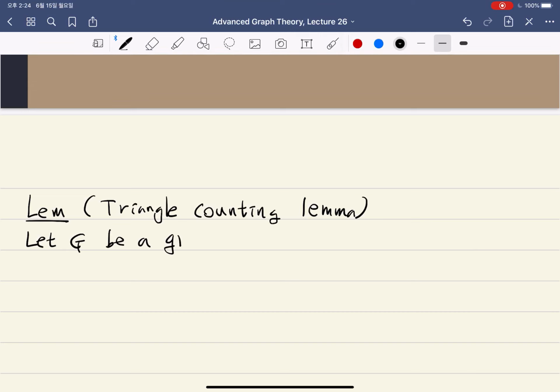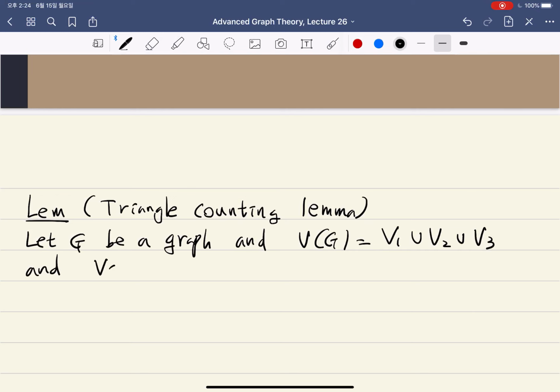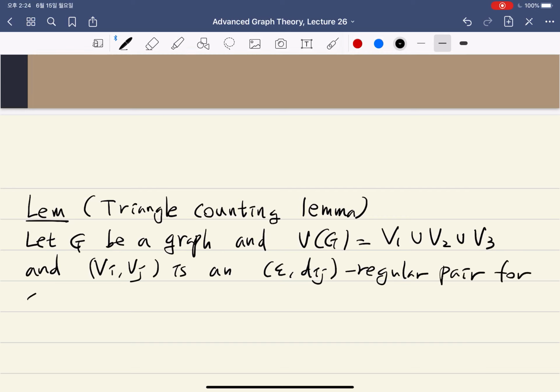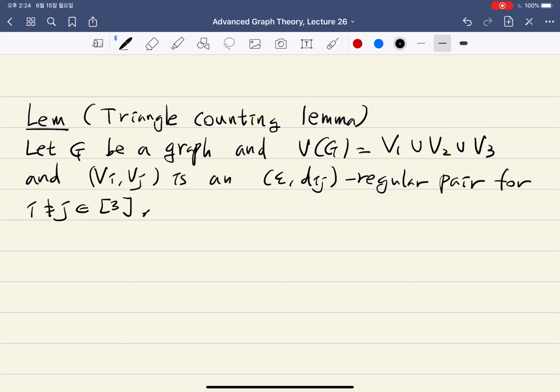So let G be a graph, and let's say it has a partition into 3 vertex sets, and Pi and Pj is an epsilon-regular pair with density tij for i and j between 1 and 3.